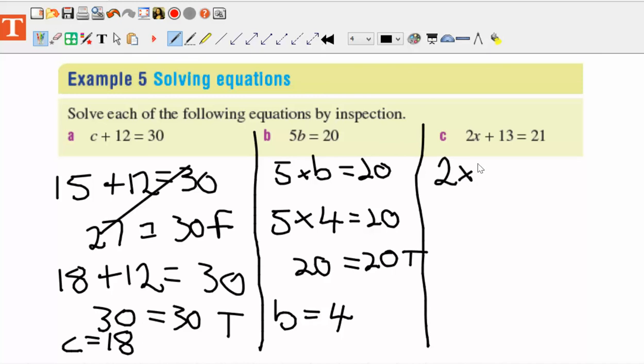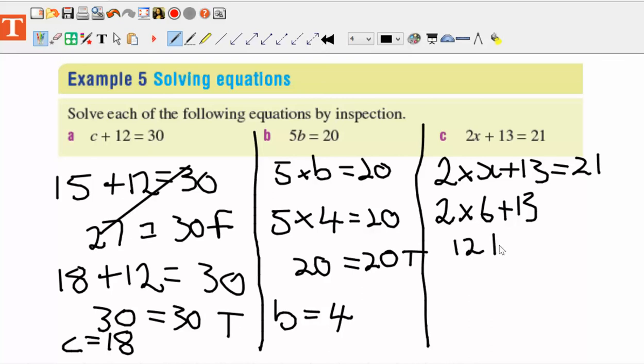This one: 2x plus 13 equals 21. Now it's a little bit more tricky, so let's chuck something in here. I'm going to say 6. So 2 times 6 plus 13. 2 times 6 is 12, plus 13 equals 25. So I'm 4 too much, so I've got to cut back 2.